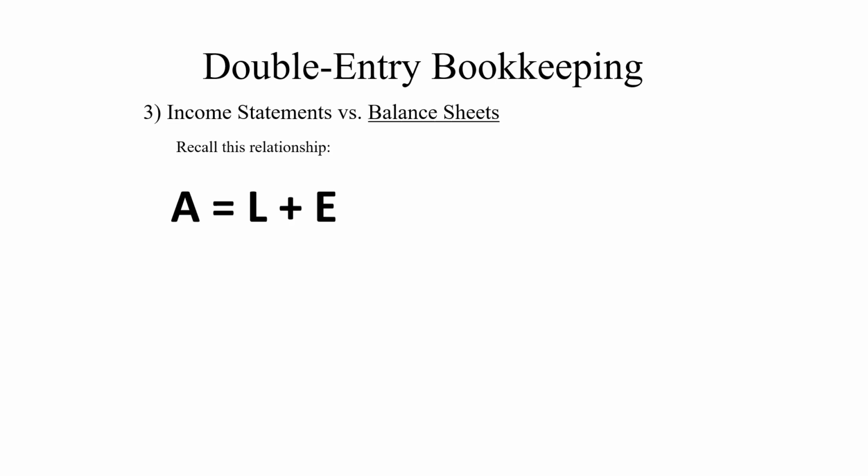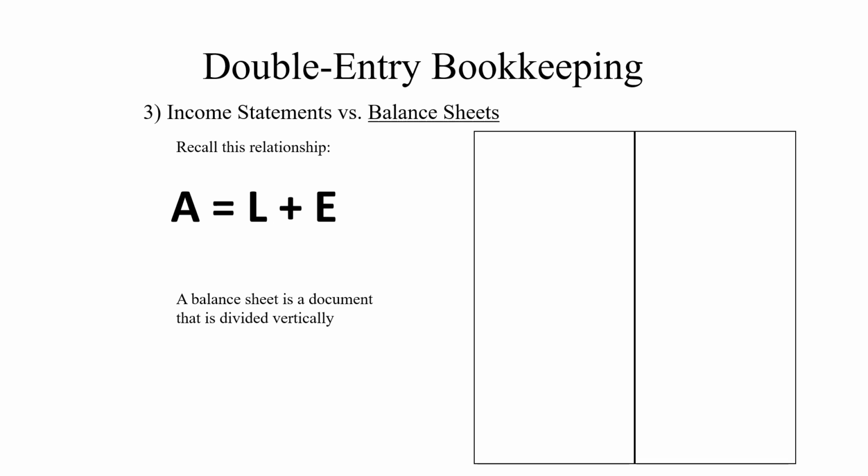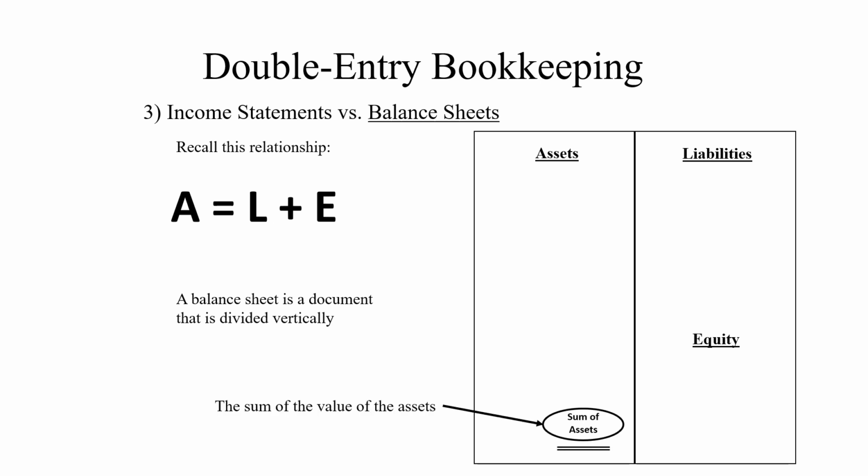To help understand the balance sheet, first recall this relationship. Unlike the income statement, which was divided horizontally, the balance sheet is divided vertically. In the left-hand section, just like in the equation of net worth, we list the value of the assets, and then we add them up.